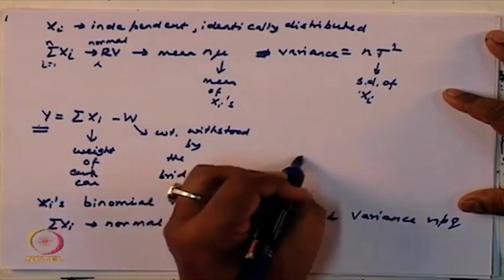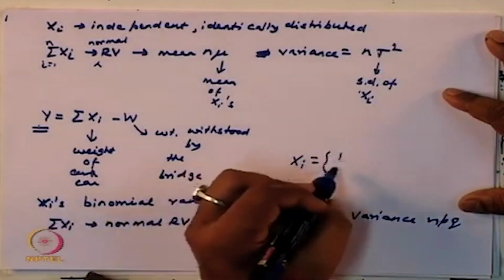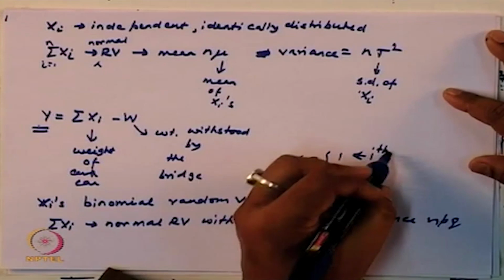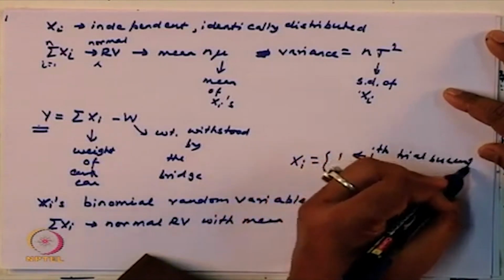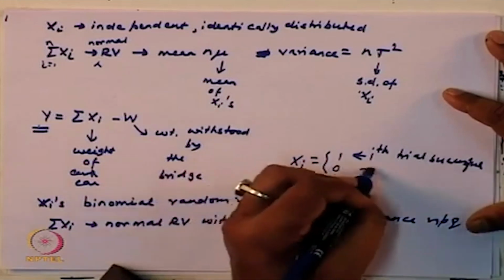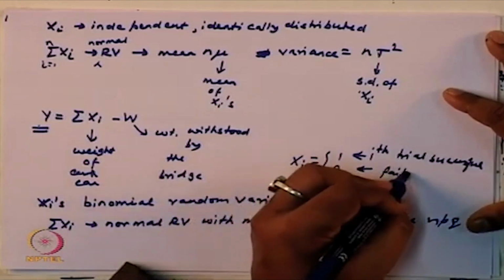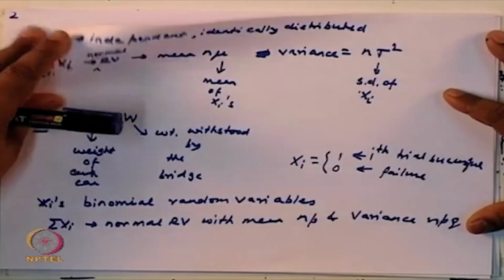So, we can define xi equal to 1 if the ith trial is successful, and 0 if it is a failure. Let us see an example where we can make use of this concept of binomial random variable.